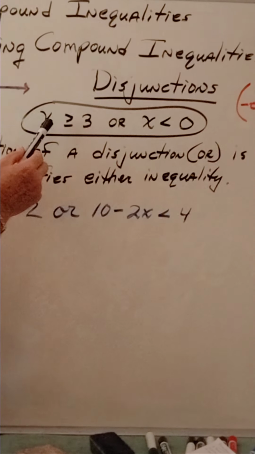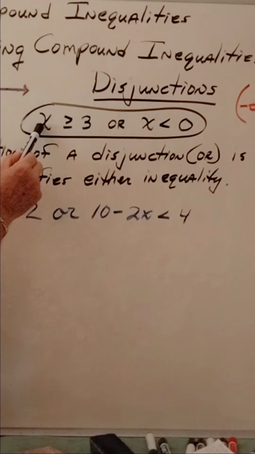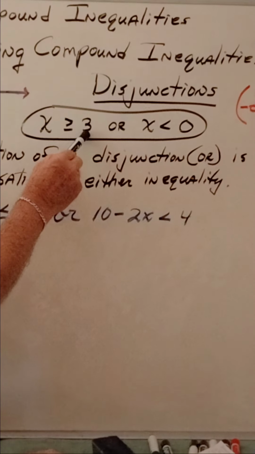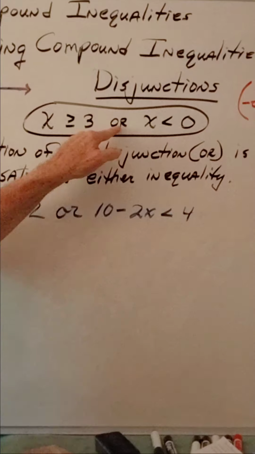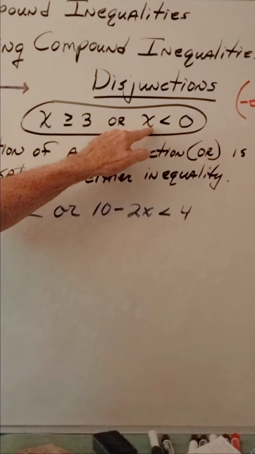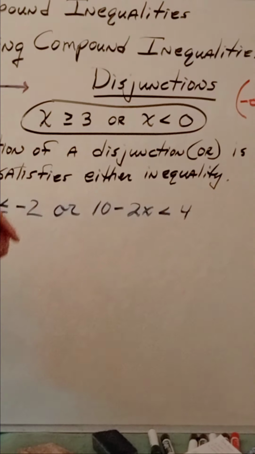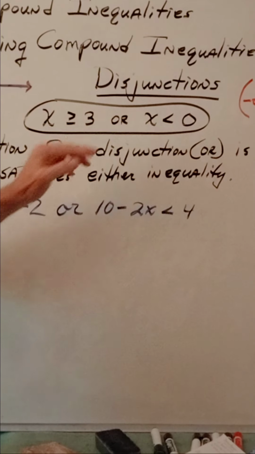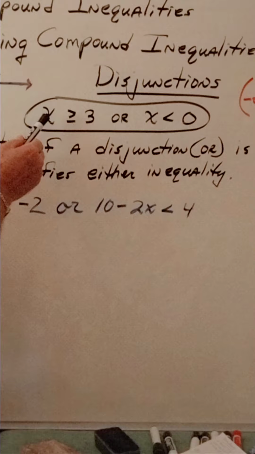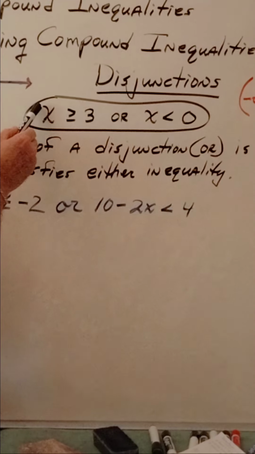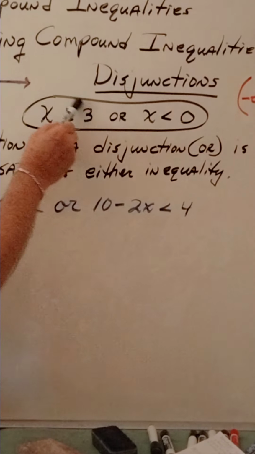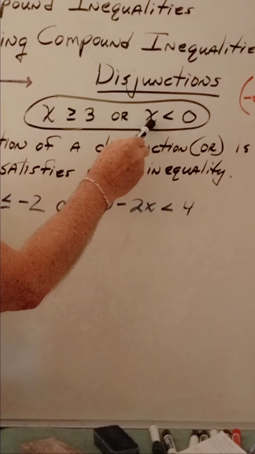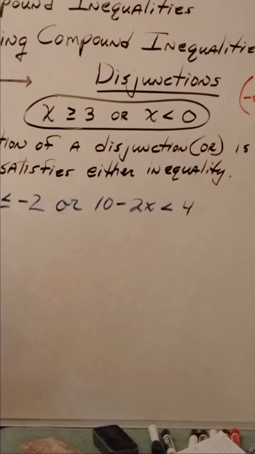So this one is saying x must be any real number that is greater than or equal to 3, or x can be any real number that is less than 0. You see, people, that the word "or" indicates that we can take all of the real numbers of x that will satisfy this inequality, or we will take all of the values of x that will satisfy this one.